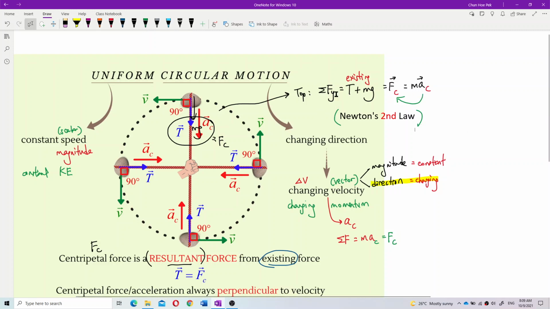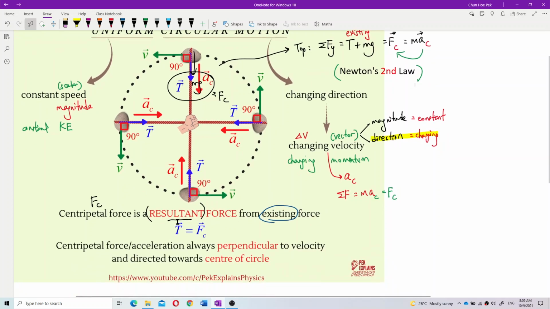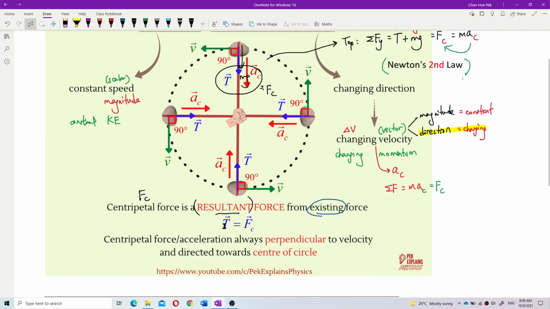So the total force over here is actually the centripetal force, and the acceleration caused by this centripetal force is called centripetal acceleration. It's the resultant force from existing forces. It's not just the tension.